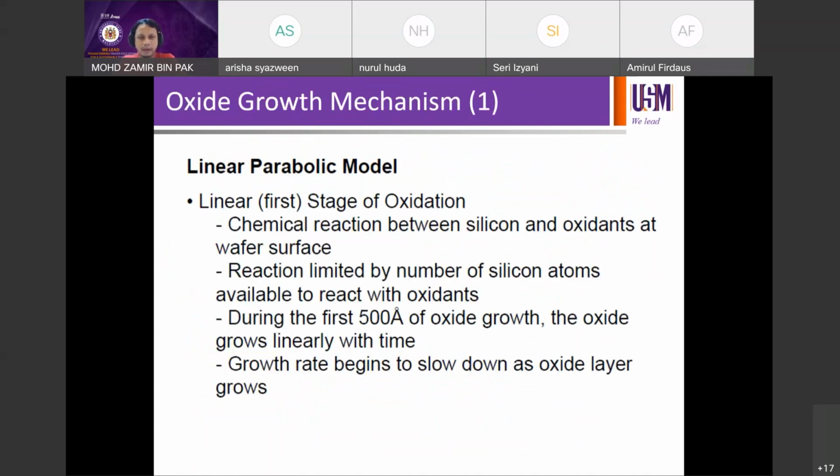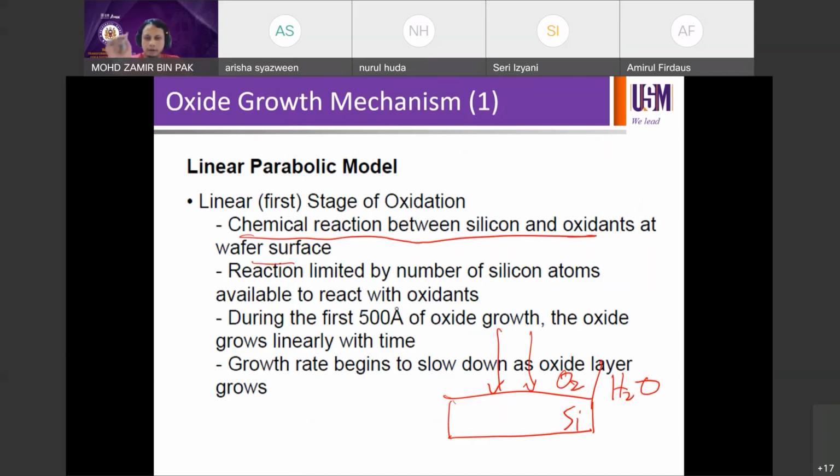So linear parabolic model, the growth mechanism. So the first part is chemical reaction between silicon atom and oxidants at the wafer surface. So you have oxidants coming in. So remember O2 or H2O vapor, right? So you're gonna have chemical reaction between silicon and oxidants.